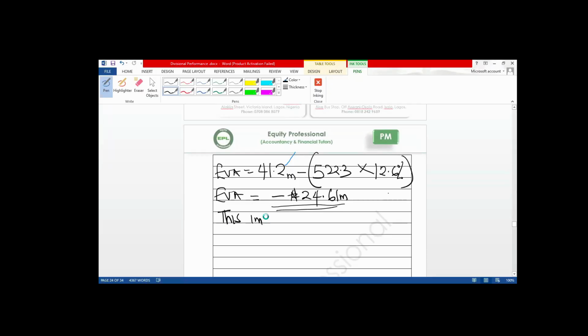This implies that shareholders' wealth will reduce by 24.61 million.